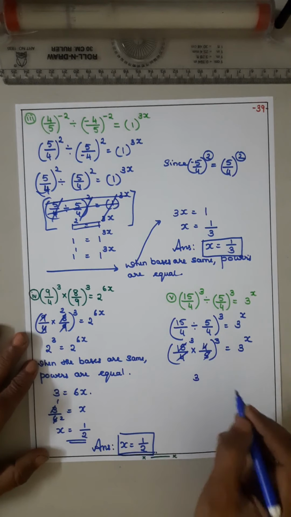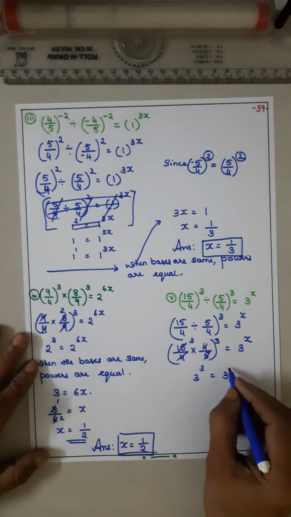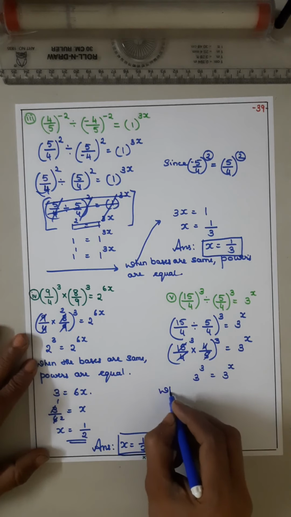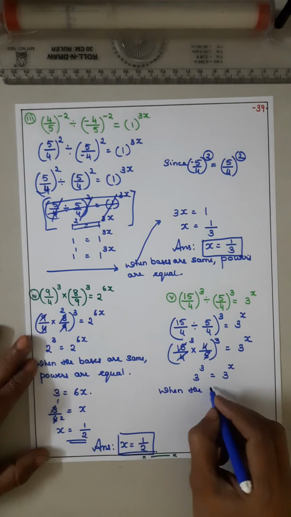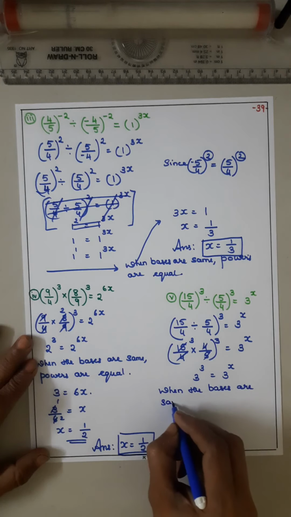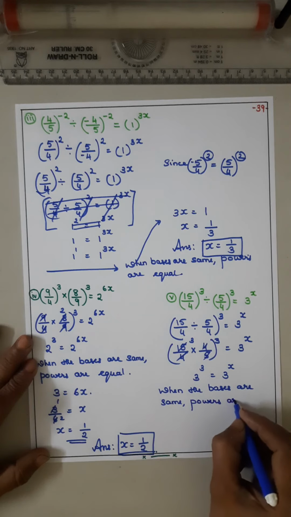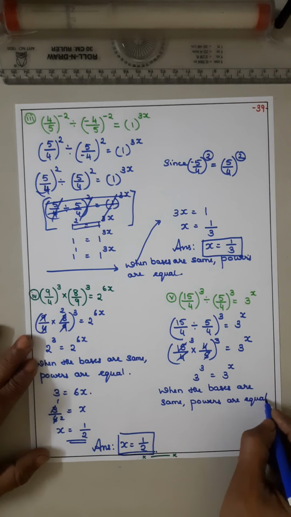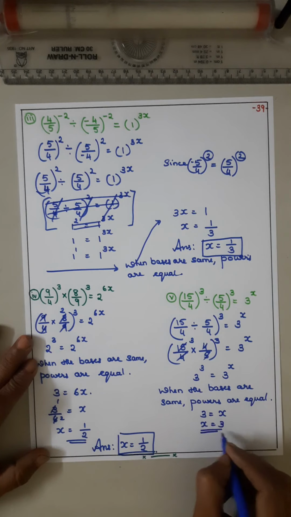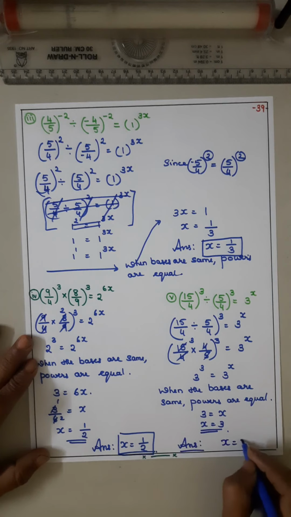So it became 3 to the power 3 is equal to 3 to the power x. Now bases are same. When the bases are same, powers are equal. 3 is equal to x, x is equal to 3. So answer, x is equal to 3.